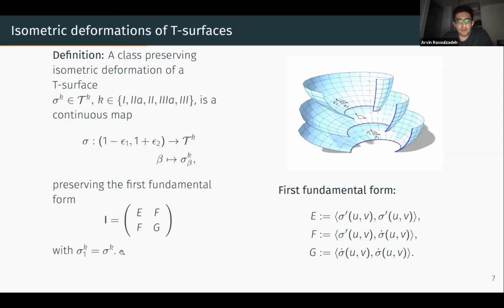In fact, our first fundamental form is in the form of a 2 times 2 matrix with the components E, F, and G, where E and G contain our tangent vectors to the two coordinate curves, while the angle between these two tangents is encoded into the part F. So that's how you can see it's related to the quads that Jonas was mentioning.